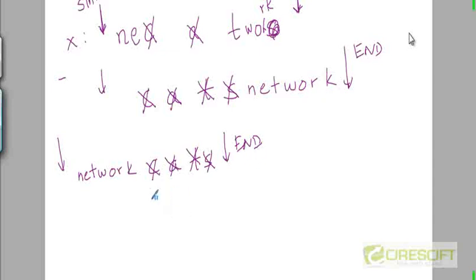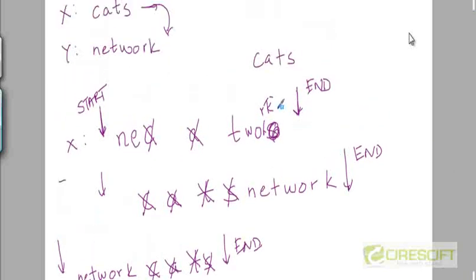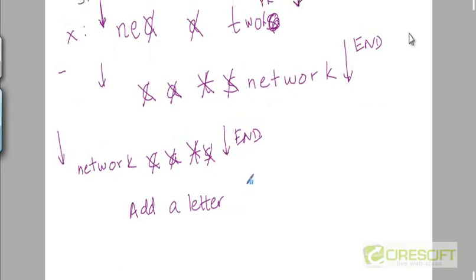Either you can add a letter, and if you add a letter, note that this letter you're adding will have to be the last character of y, right? It will have to be k in this case because you want the string network to be there. So if you're adding a letter, it must be y sub n, the last character of the string y.